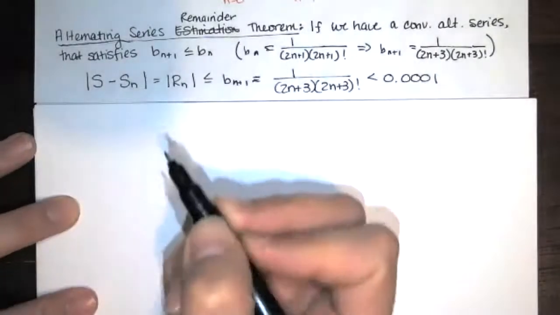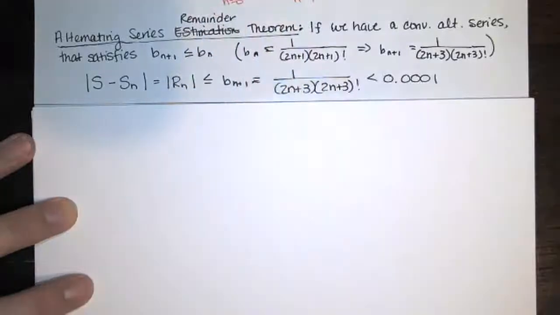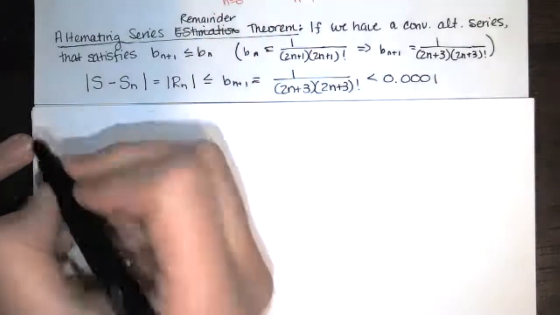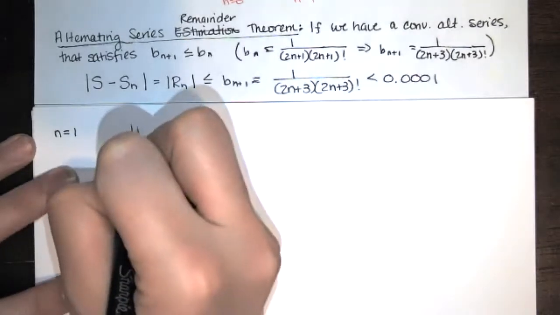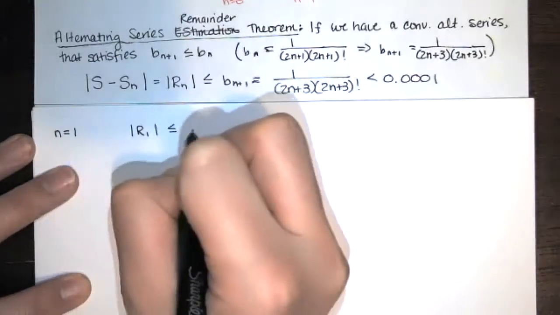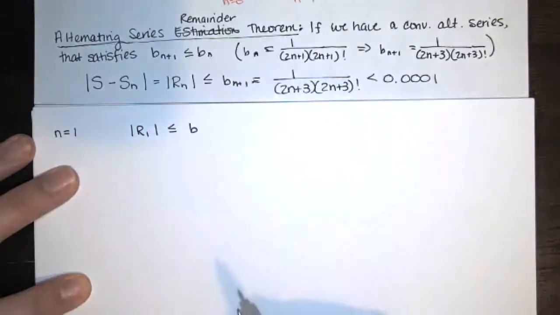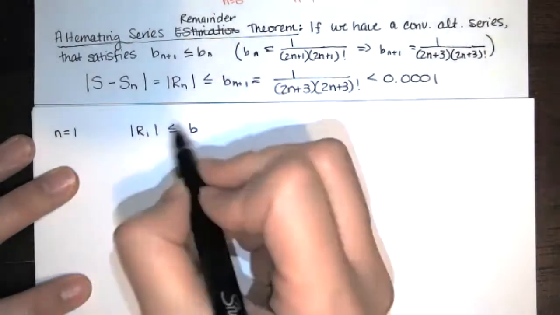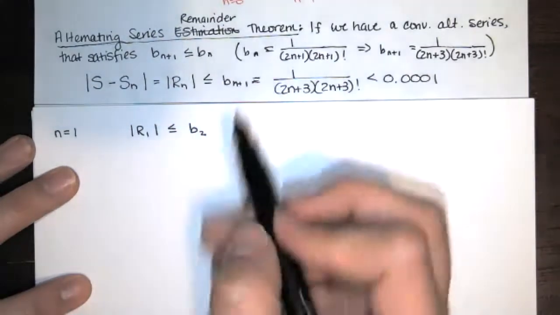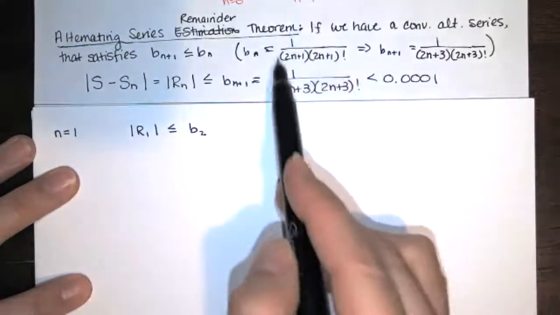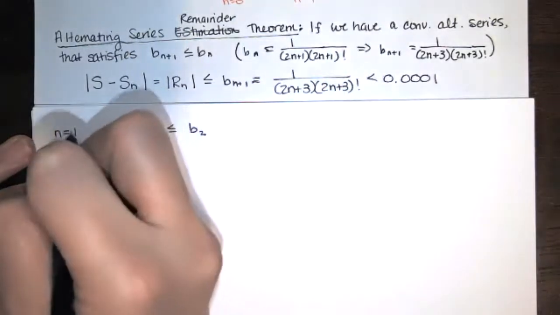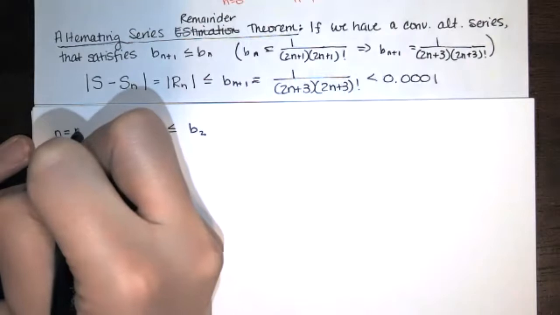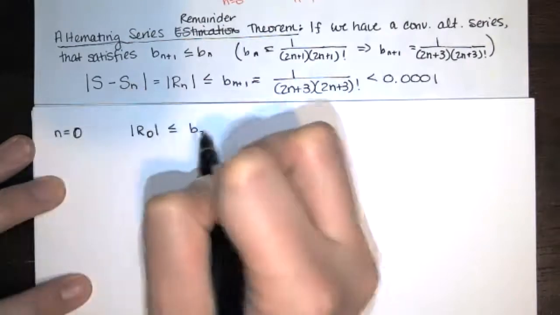All I have for you is, let's say when n equals 1, we have the remainder r sub 1 is less than b sub 2. And b sub 2 is what we get when we evaluate this at, or excuse me, let's do n equals 0 here.